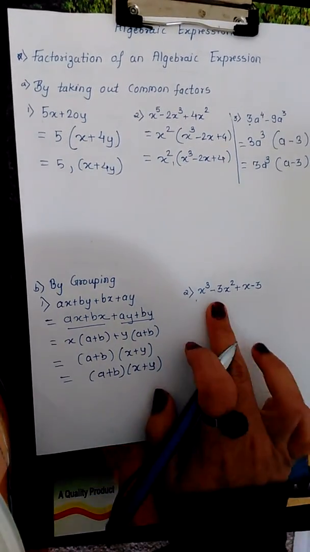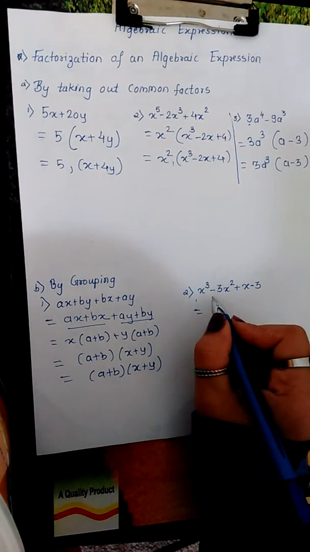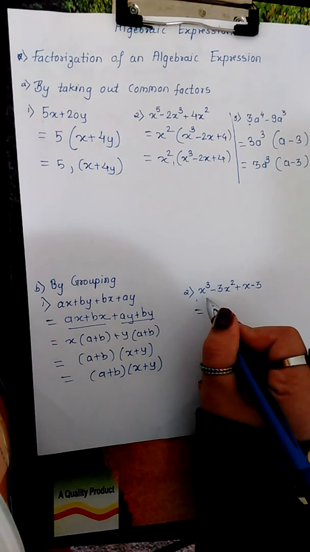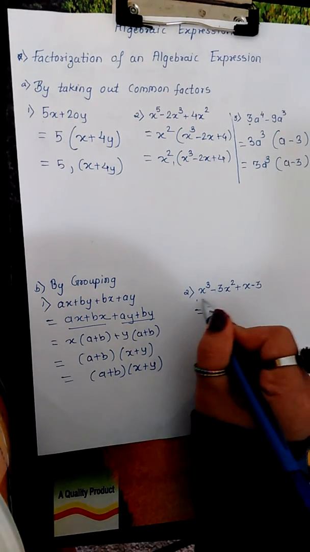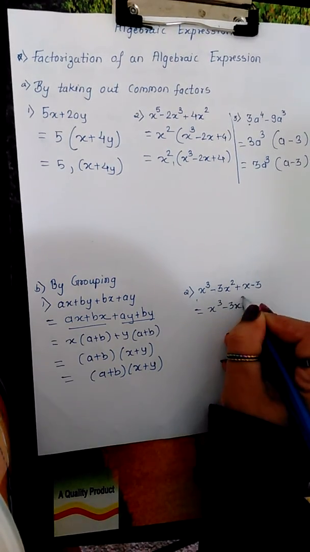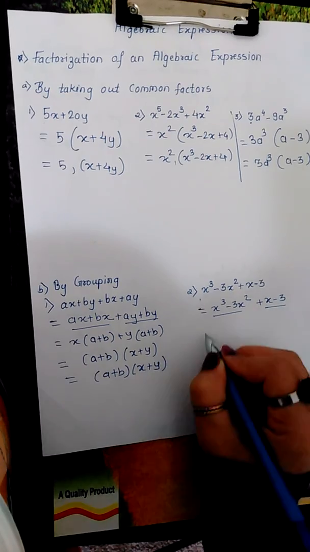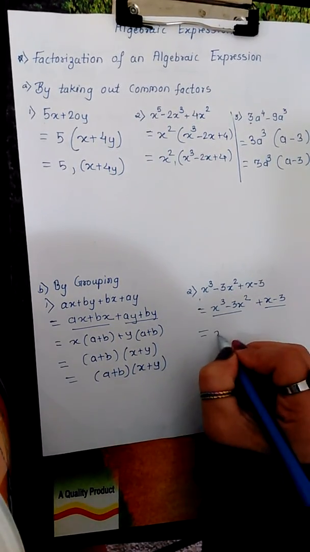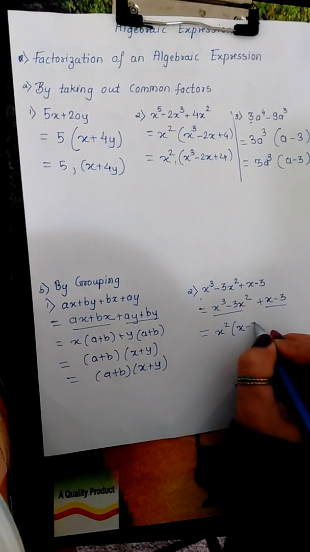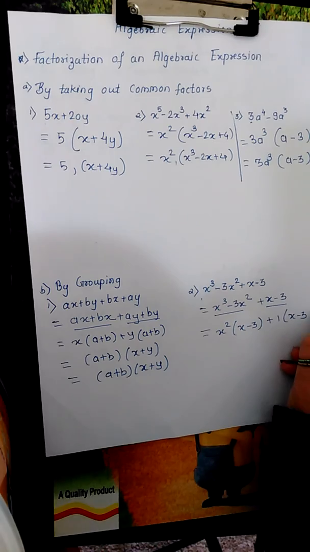Now I have the second example. Here x cube minus 3x square we can arrange together. So it will be x cube minus 3x square plus x minus 3. Now here x square is the common factor in bracket x minus 3, plus 1 in bracket x minus 3.